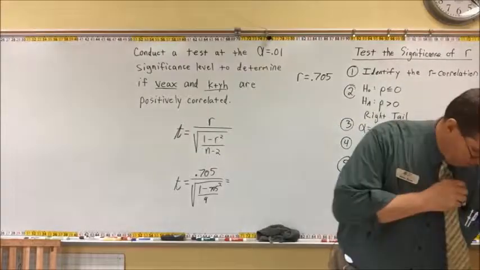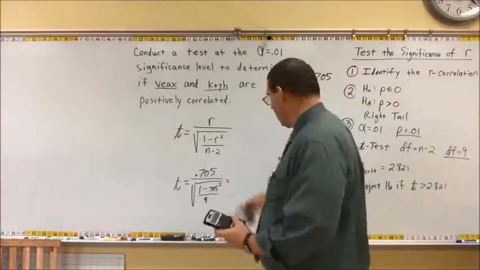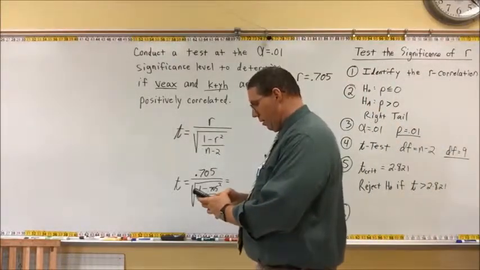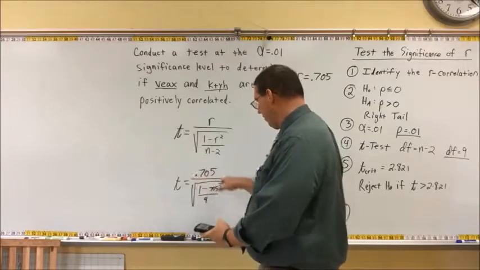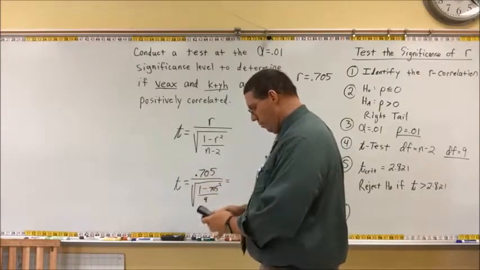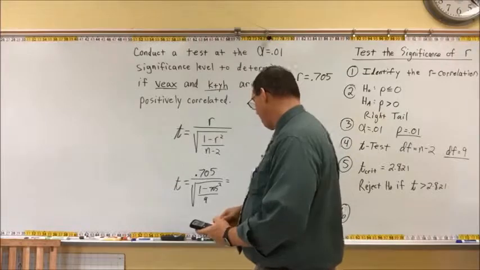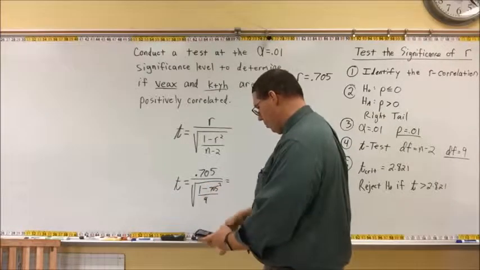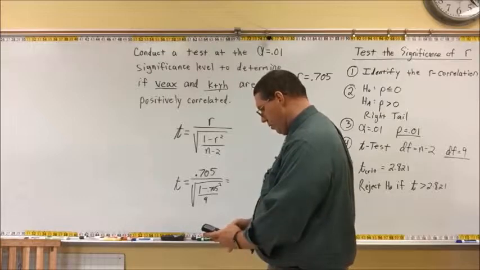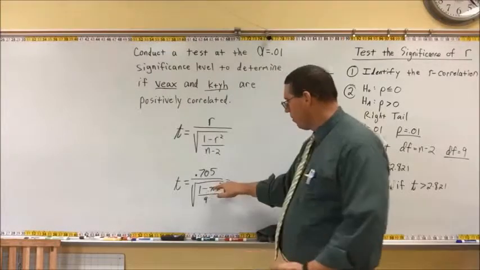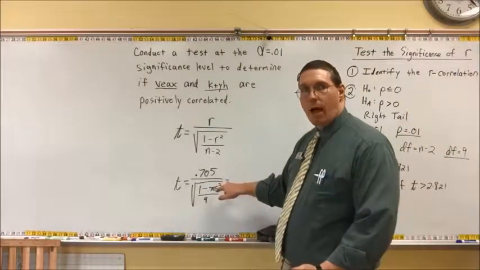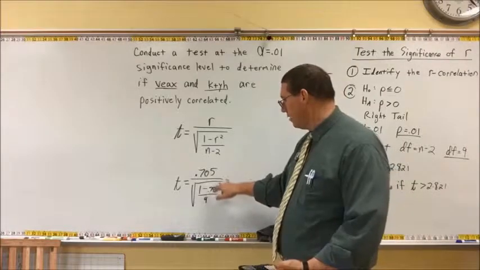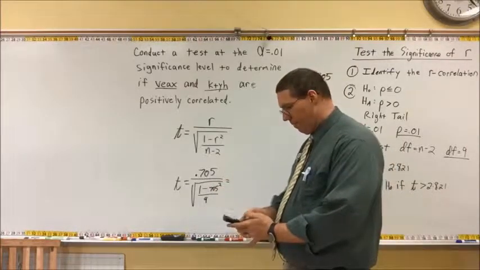Here we go. We'll do 0.705 divided by the big square root. I'm going to do parenthesis, 1 minus 0.705 squared. Now, I don't have to put parentheses around the 0.705 here because it's not negative, but you could still put it there.